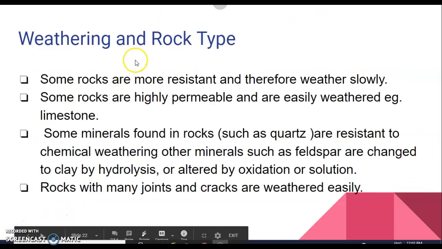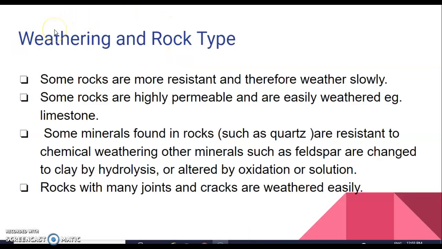Now, how does the type of rock influence the rate at which weathering takes place? For the different rock types, we know that we have igneous, sedimentary, and metamorphic. Some would be more resistant than others. So the more resistant rocks would be weathered slower than the ones that are less resistant.